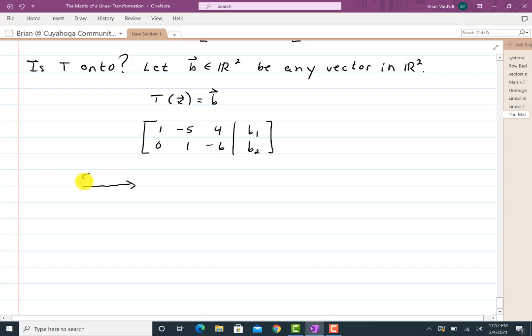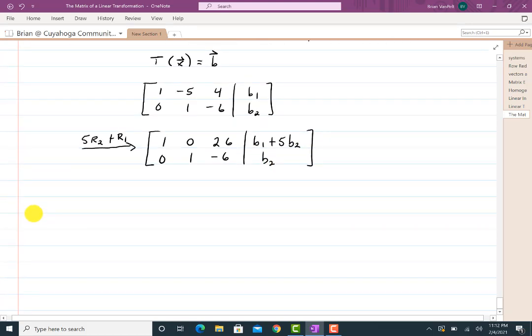So I'll do 5R2 plus R1. And let's see, 5 times -6 is -30, plus 4 will be -26. And then I'll have b1 plus 5b2. And then I still have a -6 here, b2.